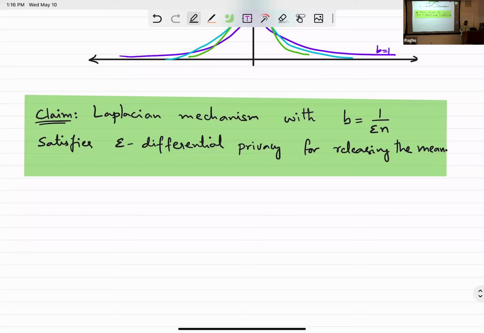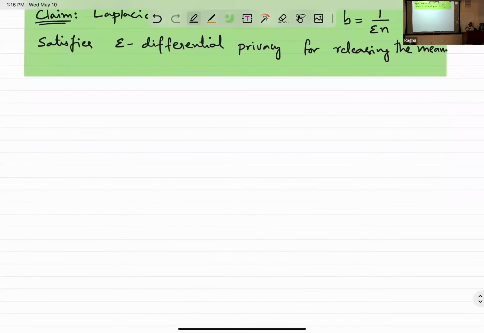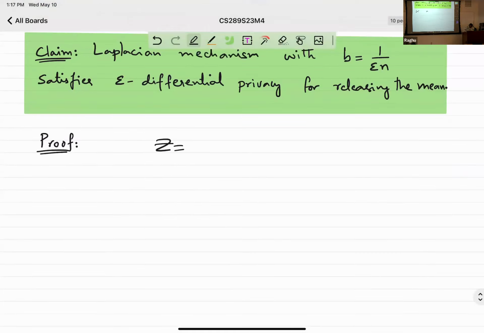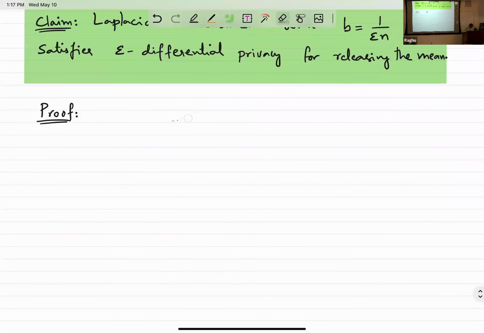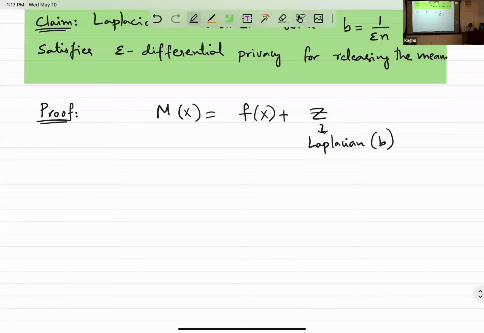All right. So what does this do? Remember, m of x is the actual mean plus some noise. What the mechanism releases is the actual mean plus z, which is sampled from this Laplacian with some parameter b.